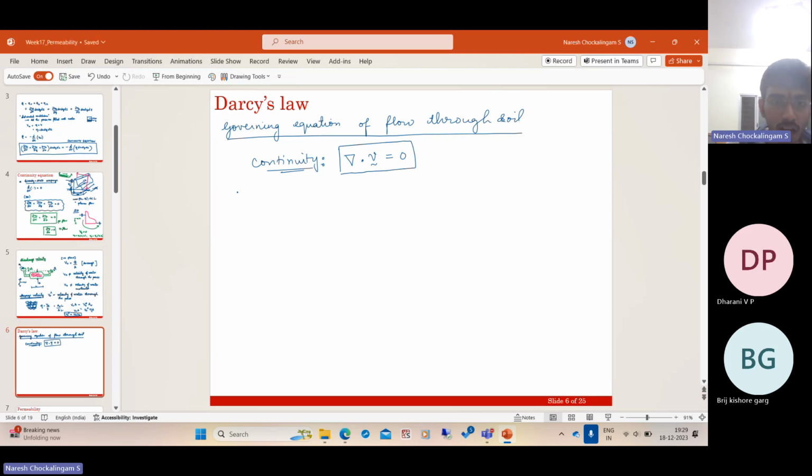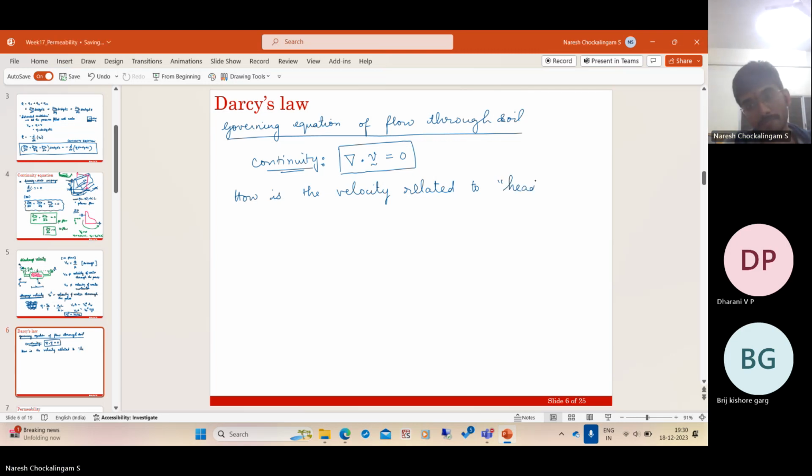But how is the velocity related to pressures? Pressures are the other unknowns, right? So as we are dealing with laminar flow, let us use the heads. So another assumption is assuming laminar flow.